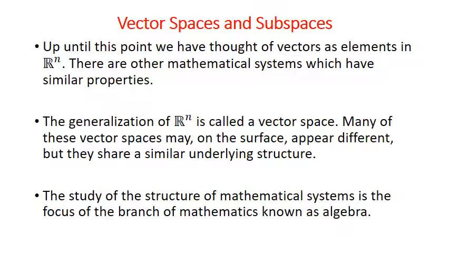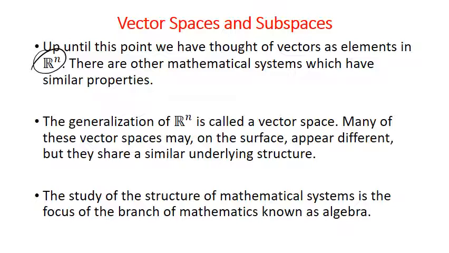So up to this point, we have thought of vectors as different elements in Rn. And we're going to see some different properties. And we're really going to focus on R2 and R3 in this section.